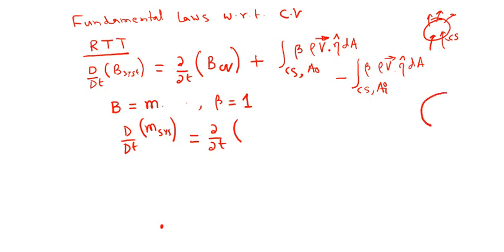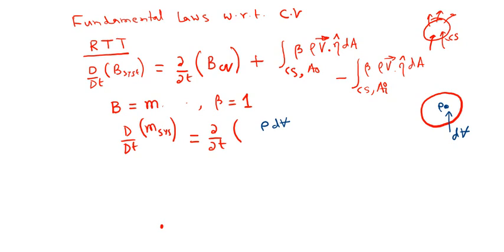Let us consider this is a control volume, and within that control volume there is a small volume, say dV. Then what is the mass of that small volume? If the density is rho, then the small mass is rho dV, right? So what will be the total mass?